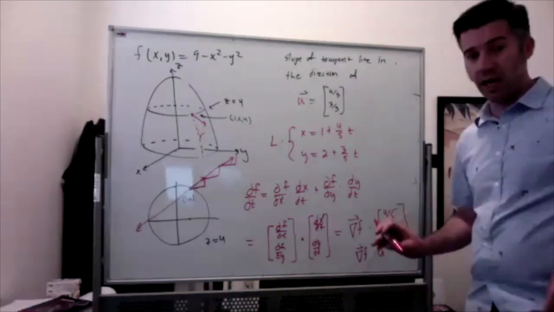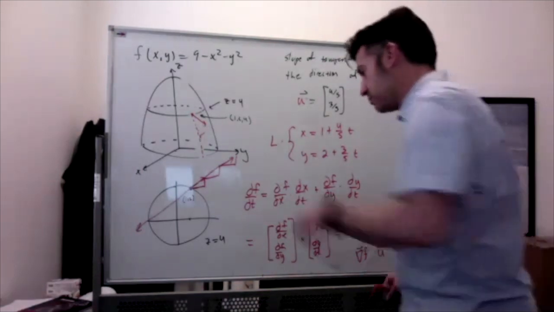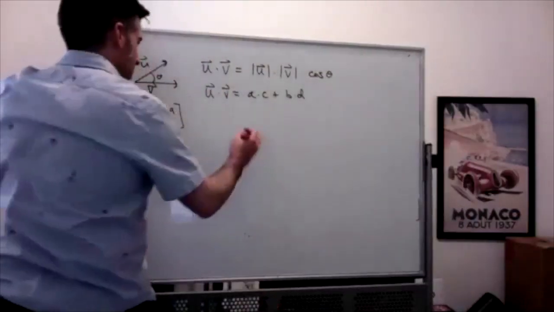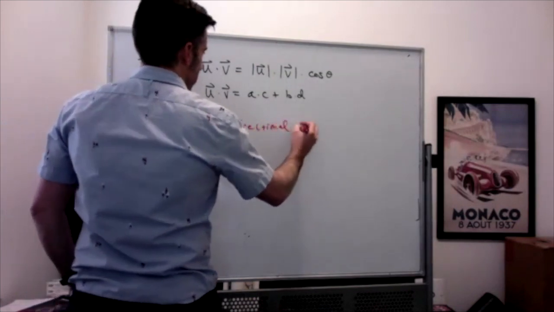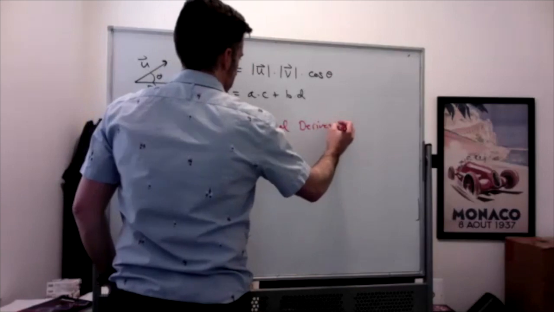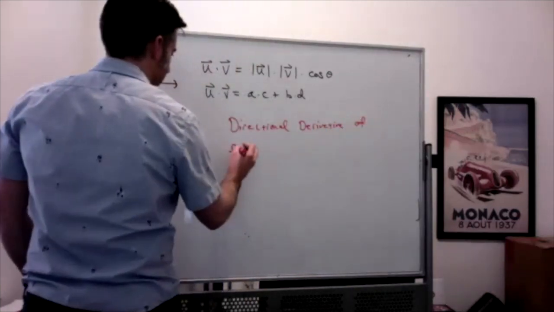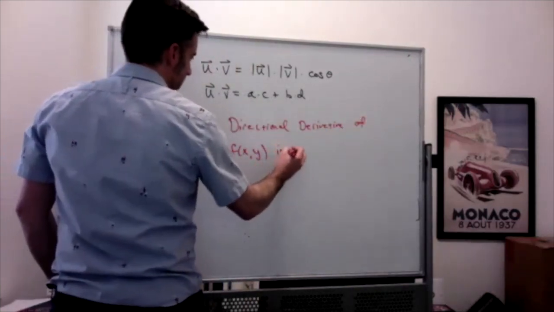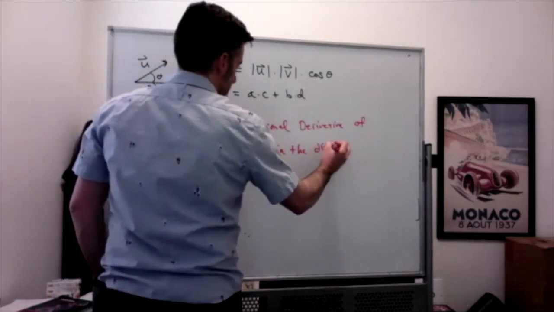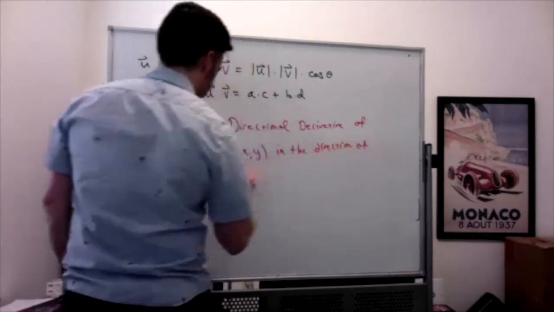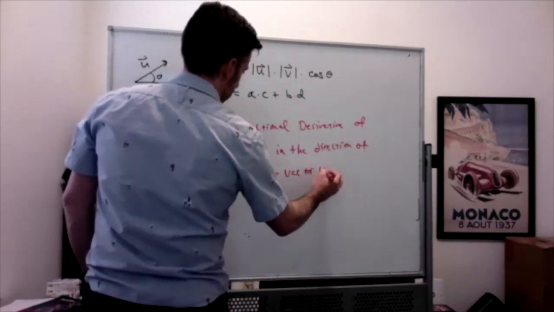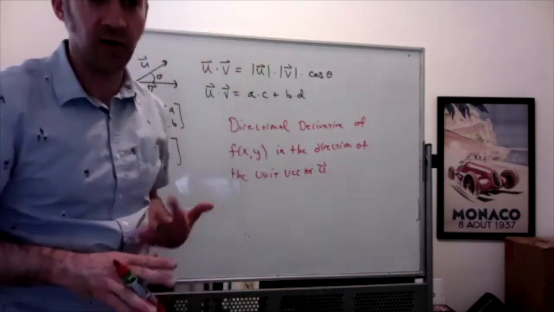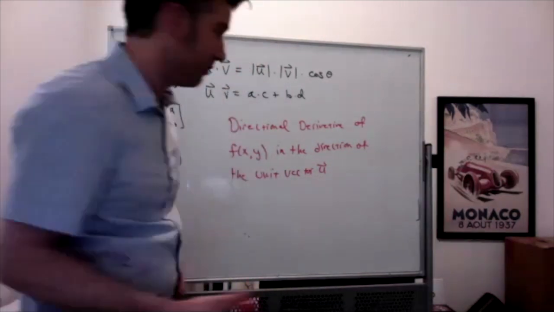Okay, I know we're out of time, but here's what I want to say, and we'll finish this. The directional derivative of the function f(x, y) in the direction of the unit vector u. If they didn't give you a unit vector, you have to divide by its magnitude to make the unit vector.